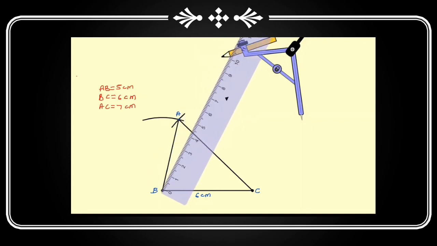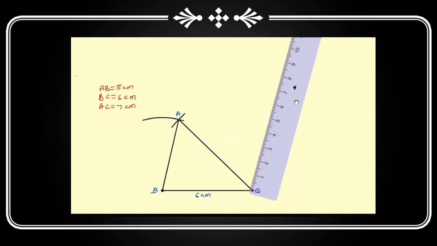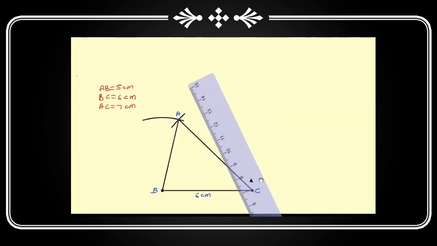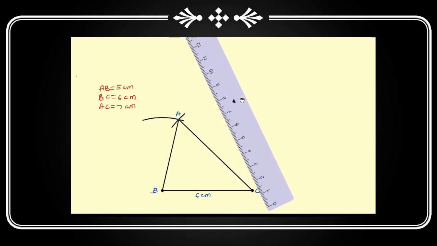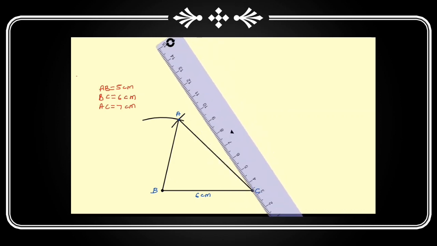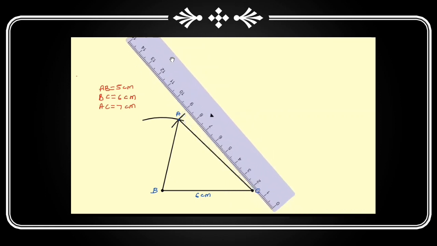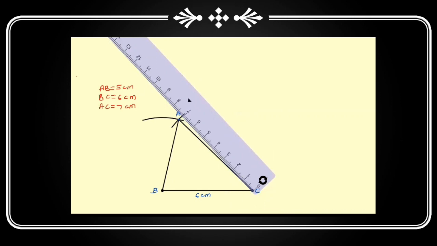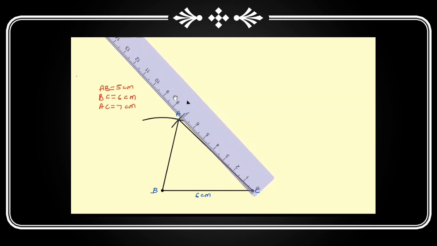So you can check after drawing whether they are to the point or not. If not, you can redraw. All are right.